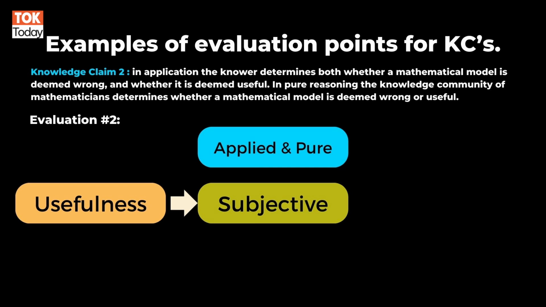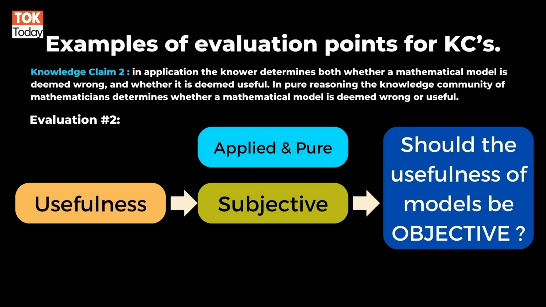In ToK terms, the knowledge claim is arguing that the usefulness of a model is determined by human subjectivity. And the concern here is that some people think that maths should strive to operate beyond human subjectivity in a realm of objectivity. Now, whether that's possible or even desirable, I'll leave up to you to consider.